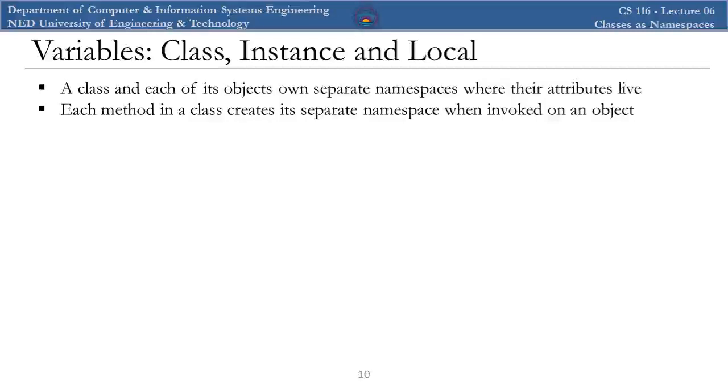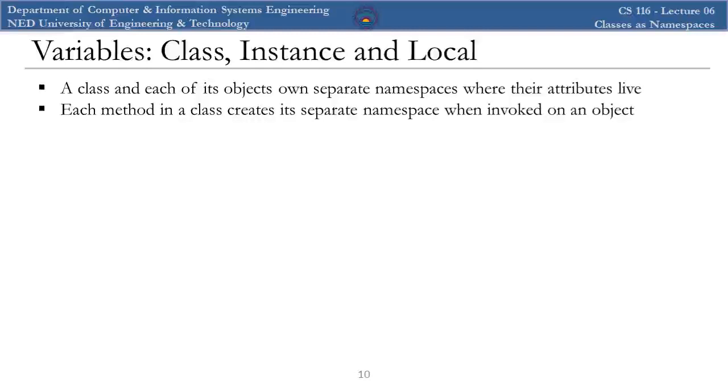And whatever attributes you define in a class, a copy of those attributes exists in each of these namespaces. Then whenever you invoke a method on an object, a new namespace is created for that method, and this namespace stays as long as that method runs. When that method finishes, this namespace is gone.